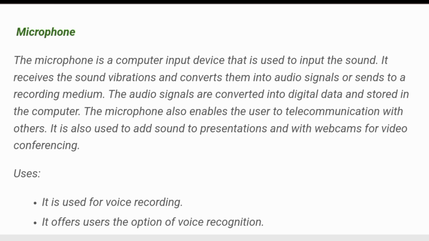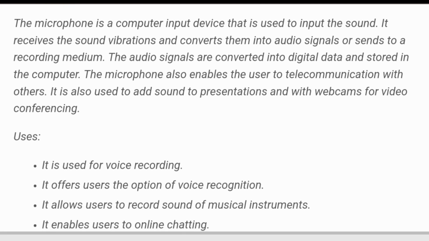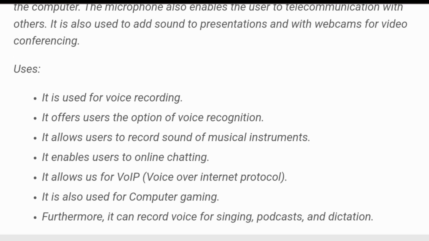The audio signals are converted into digital data and stored in the computer. The microphone also enables the user to communicate with others. It is also used to add sound to presentations and with webcams for video conferencing. It is used for voice recording.